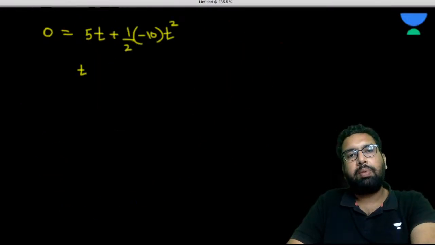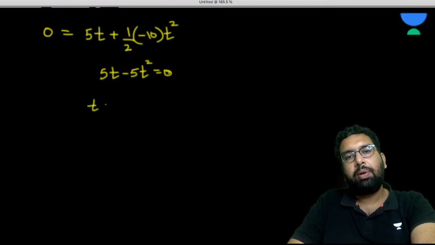So from here it will become 5t minus 5t square is equal to 0. So 5 will be cancelled out.